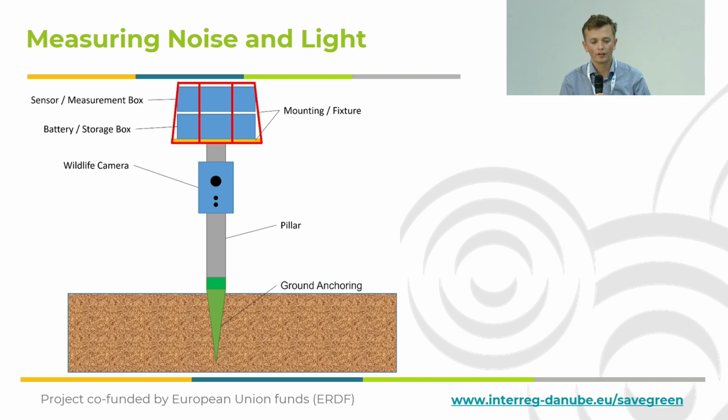So what you can also see here is it's connected. In the lower part we have the batteries and we have the storage, the SD card, and in the top we have all the sensors for noise and light and the processor.